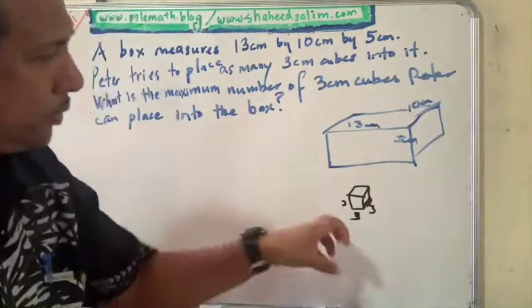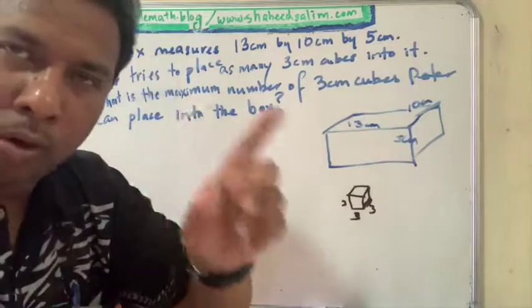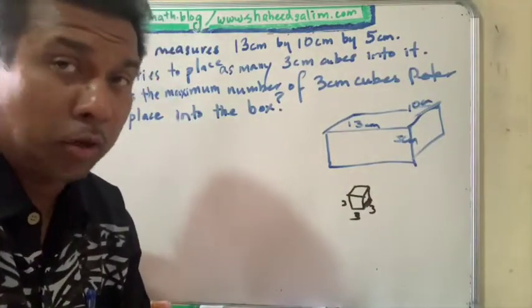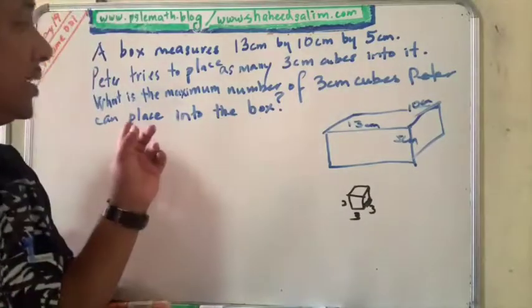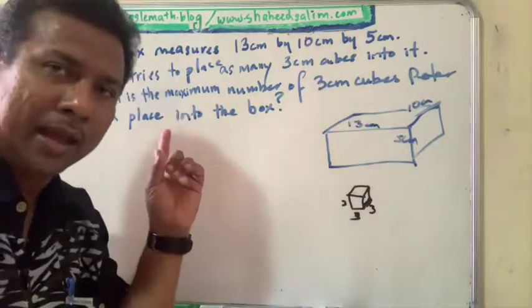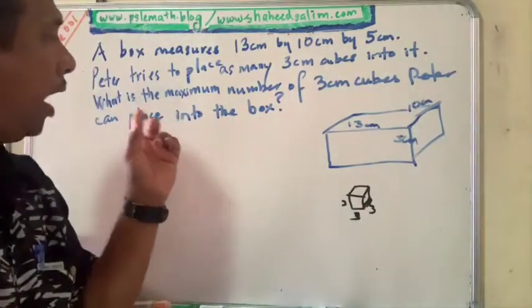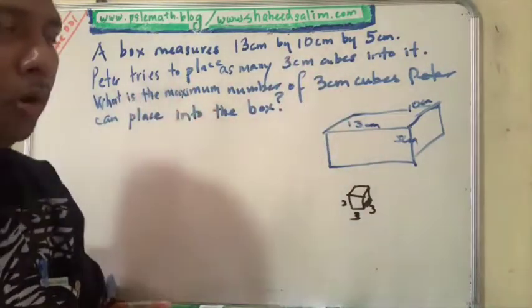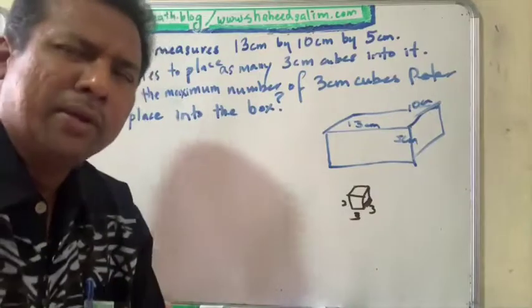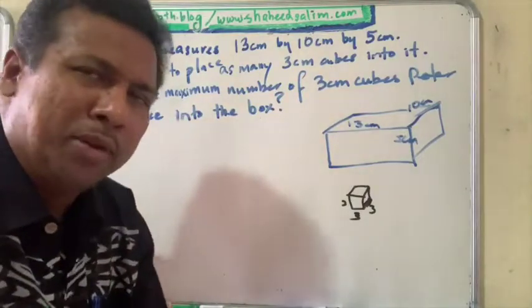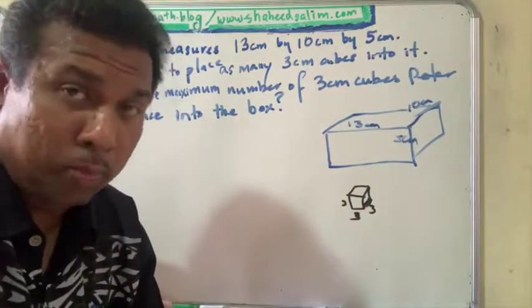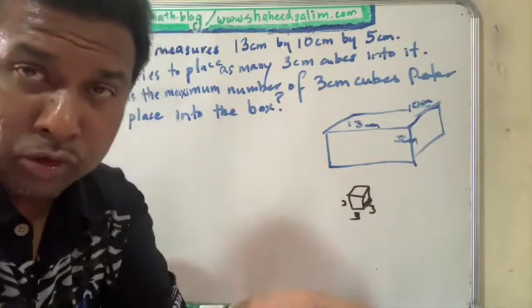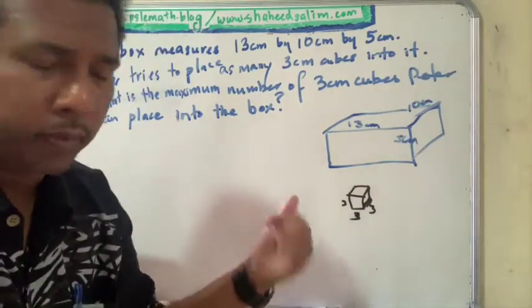And you write, the box can contain 1 3 cm cube, by right, you cannot be marked wrong, because he can place 1 3 cm cube into the box.